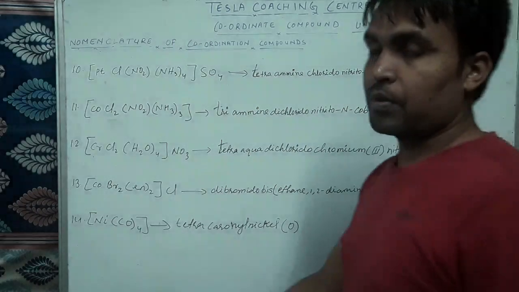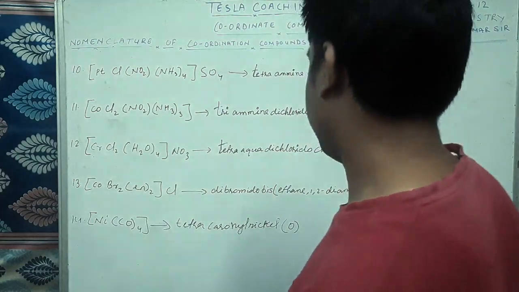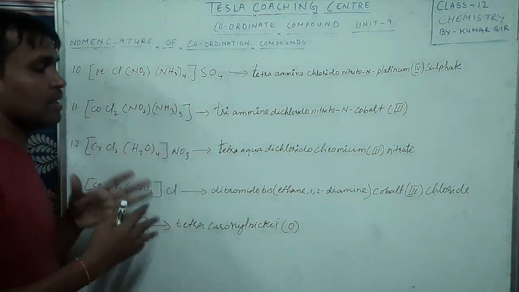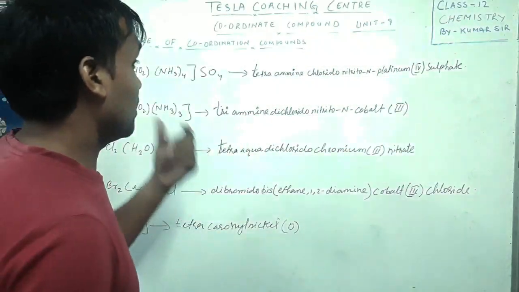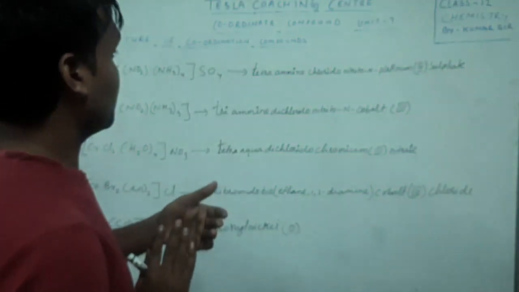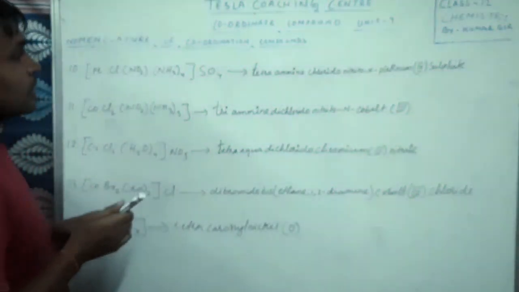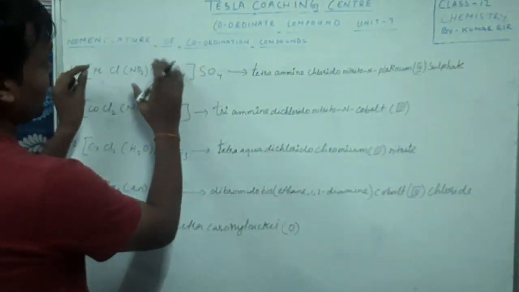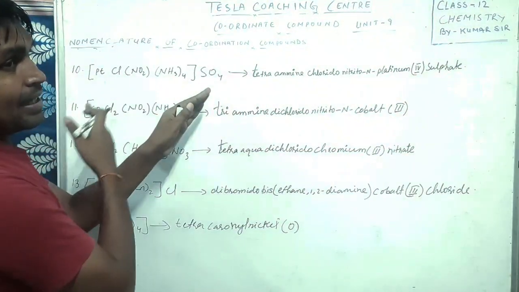Okay, so students, now we are going to do type 2. I have not mentioned here, but there are two types of IUPAC name of a coordination compound. First type already we have discussed. Now second type. See, in the second type, what is the difference? In the first type, you have seen that this bracket was in the second part, and first was K, Na, and all like that.